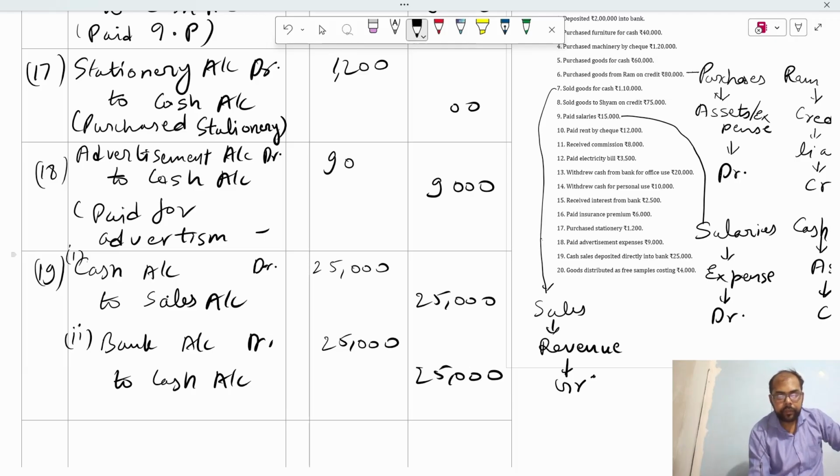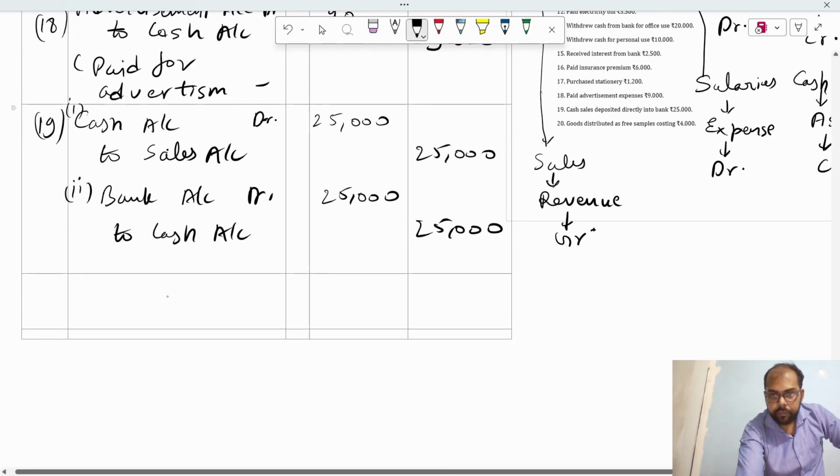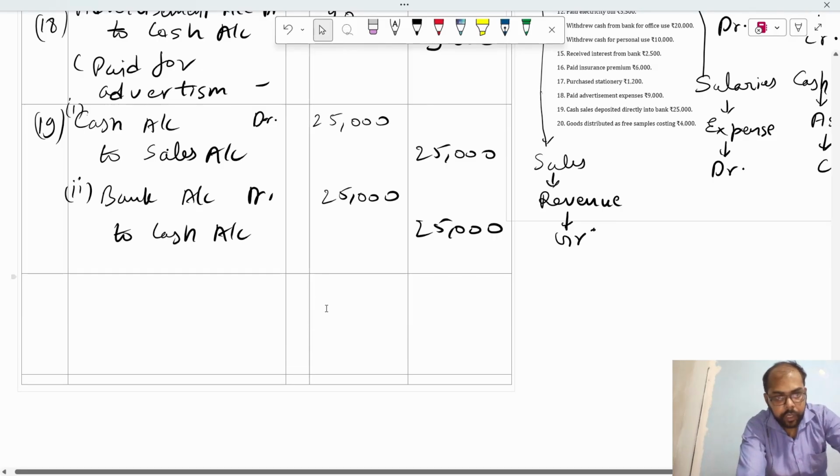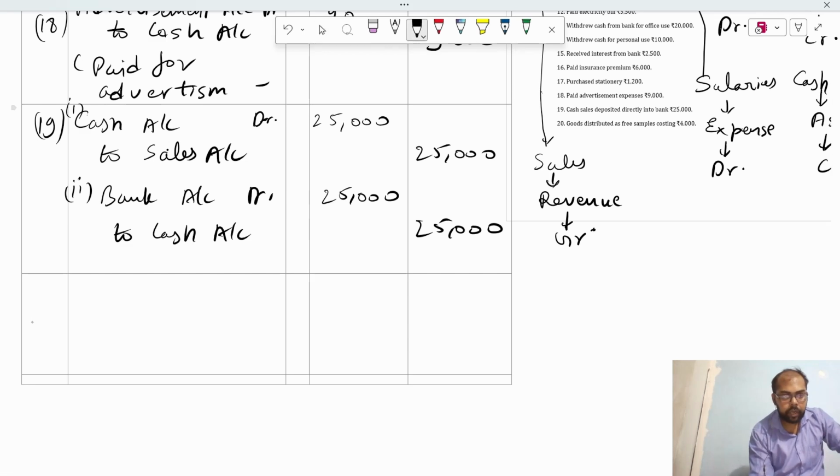Okay. Now, the last entry. Goods distributed as free samples. Now, a very important entry. The last but not the least. See, when goods are distributed as free samples, it is done to promote the business.